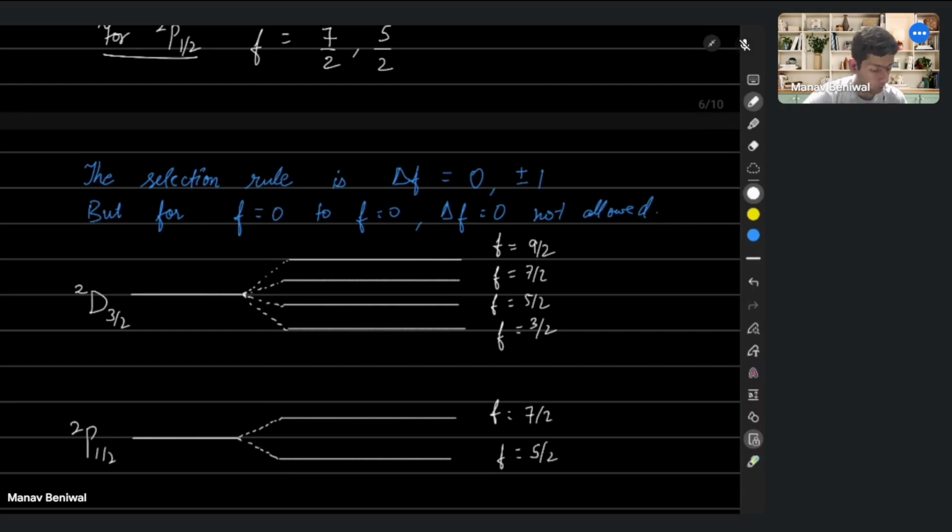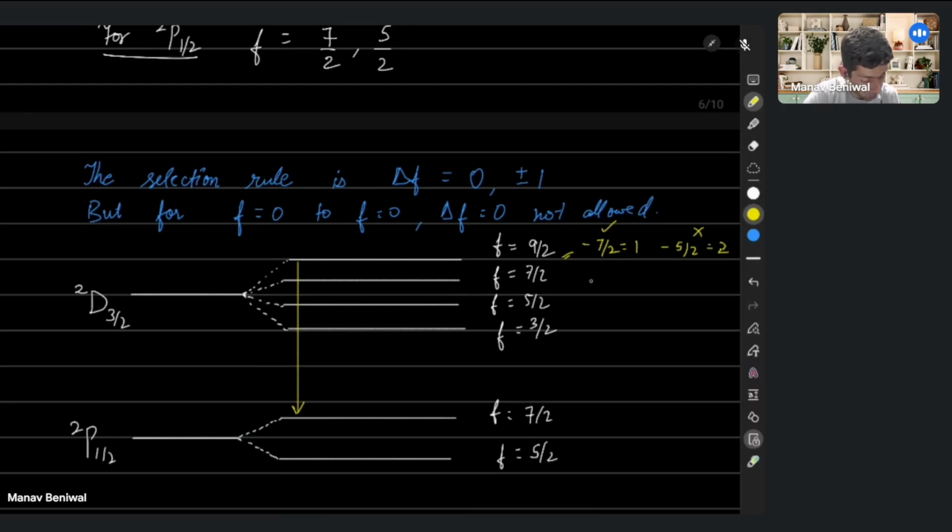Okay, so let's start with the topmost one, F equals 9/2. 9/2 minus 7/2 is just 1, so this is allowed, and minus 5/2 is 2, therefore this is not allowed. So only one transition is allowed, which is this.